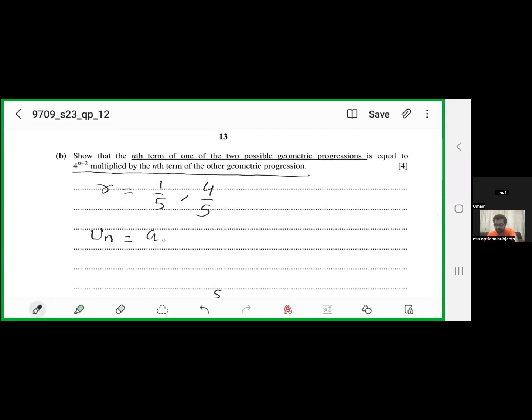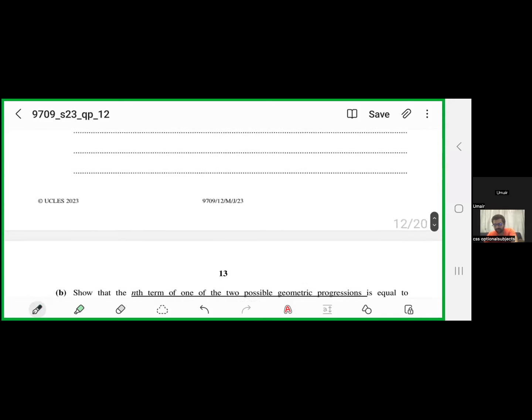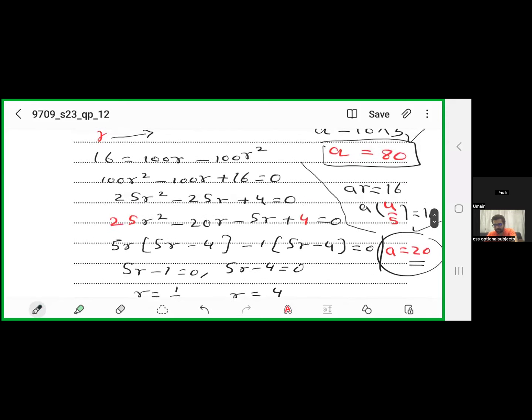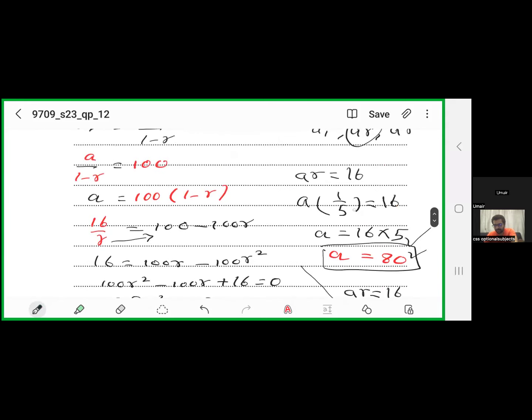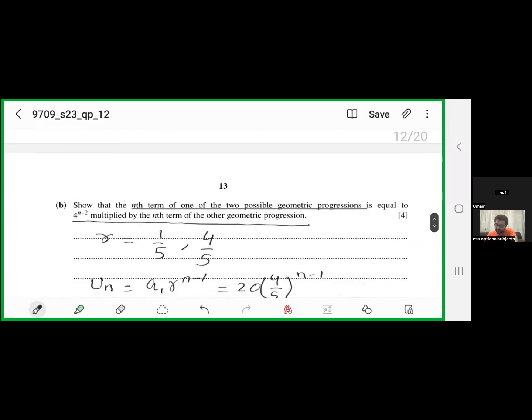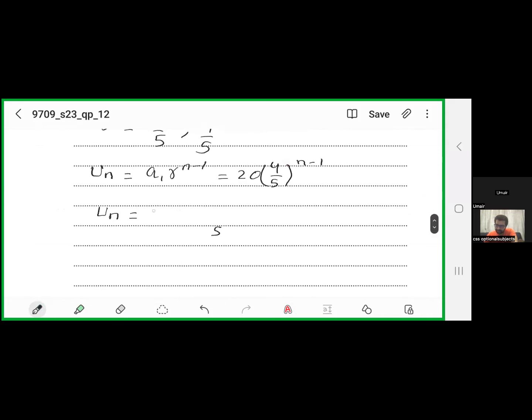This is a1 r power n minus 1. First term is 20 and r is 4 over 5 power n minus 1. This is the nth term for one progression. Second progression can be obtained when the first term is 80 and r is 1 over 5. So when a1 is 80, r is 1 over 5 power n minus 1.